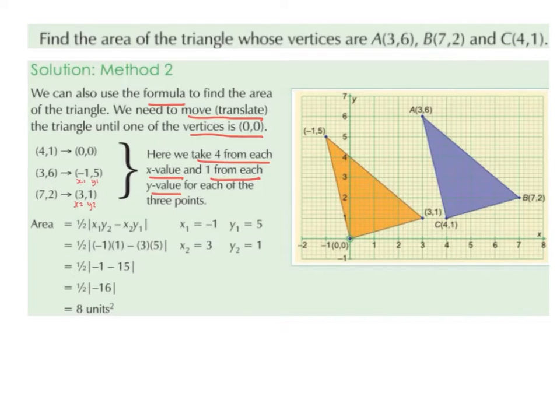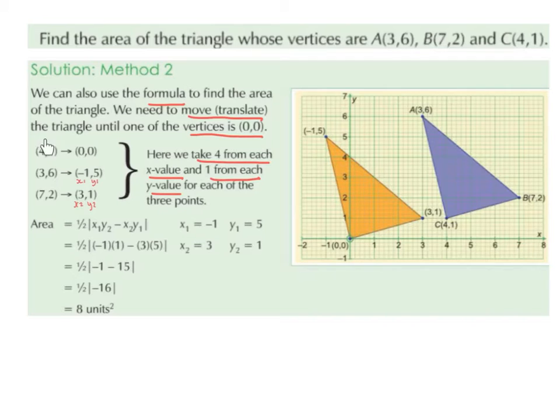For my x value of 4 to move to 0, I had to minus 4. So we take 4 away from each of the x values of the other points on our triangle. And to get from a y value of 1 to 0, I had to minus 1, so I'm going to take 1 away from each of the y values of the 3 points.